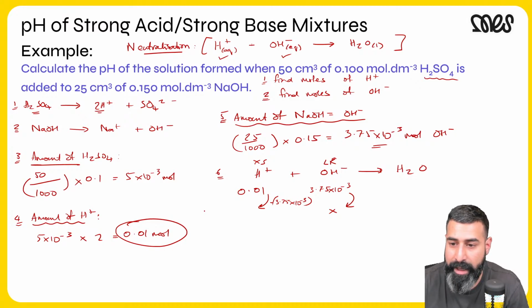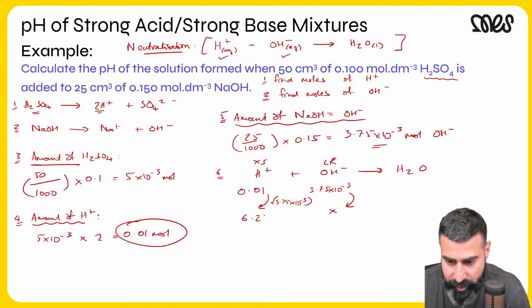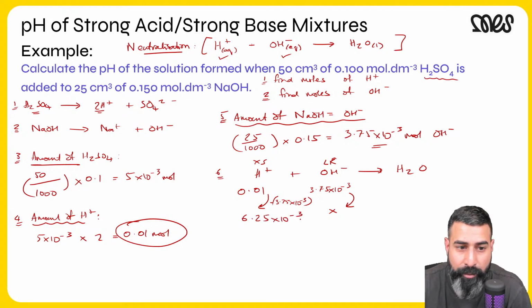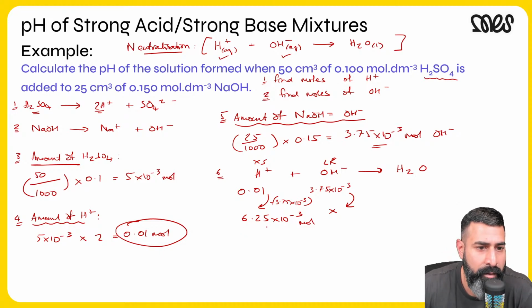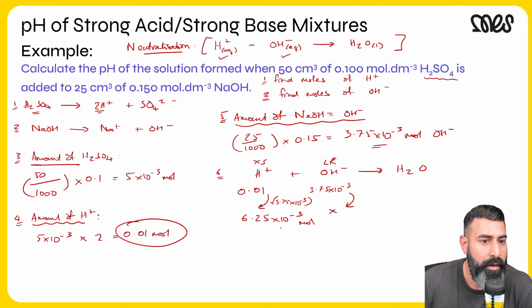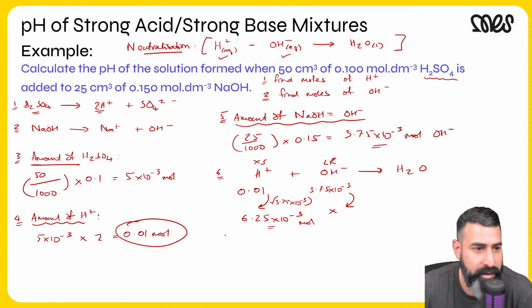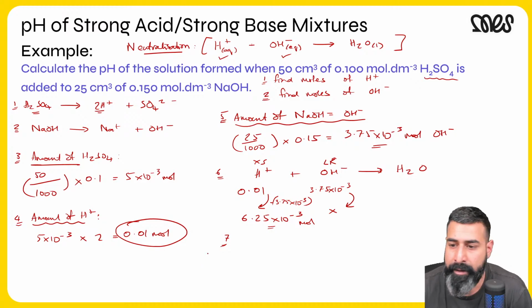Take that number away and you should be left with 6.25 times 10 to the minus 3 mole of H plus ions. I think you missed a 0 after your decimal point. For the 0.1, it's actually 0.01. And if you take that number away from it, you should get this value, okay? So I think it's a minor thing. Okay, where do we go next?